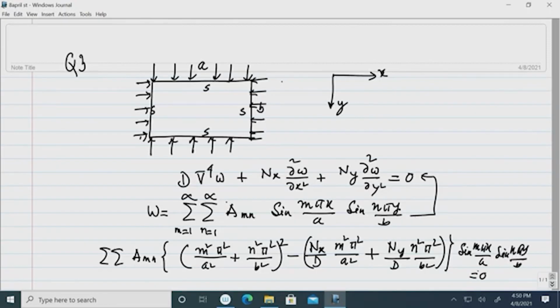Okay. So, after substituting this we arrive at this equation.